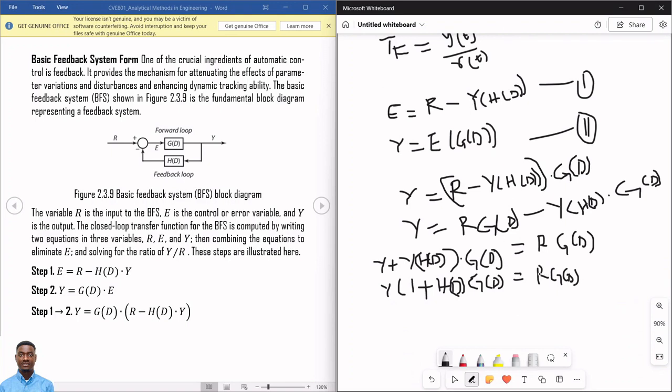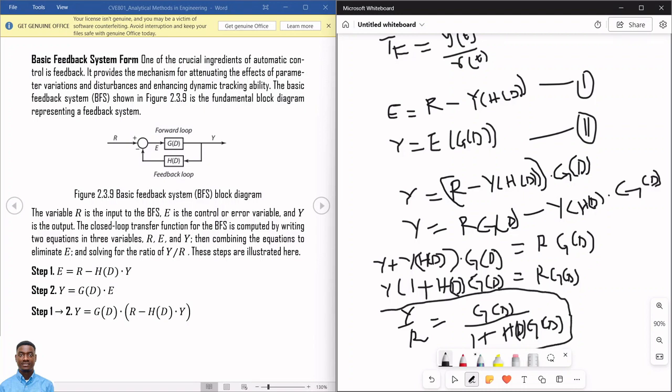If we cross multiply, we're going to have Y over R equals G D divided by 1 plus H D G D. So here is the transfer function of this basic feedback system.